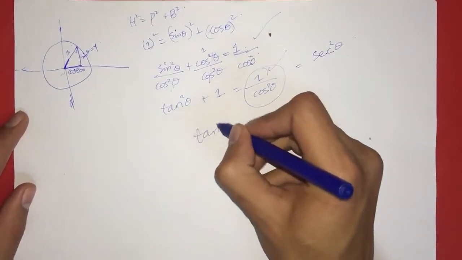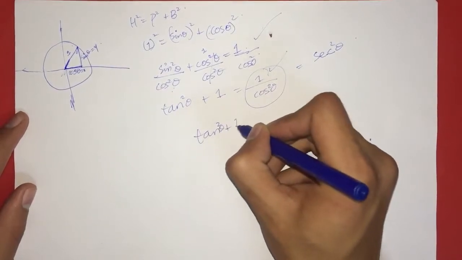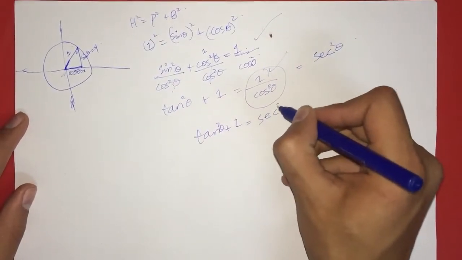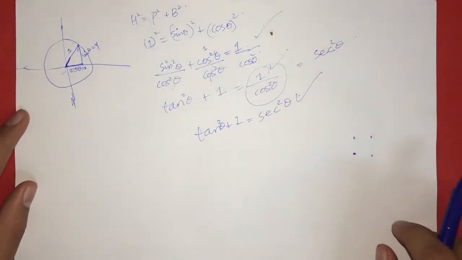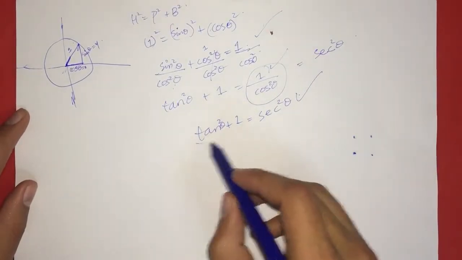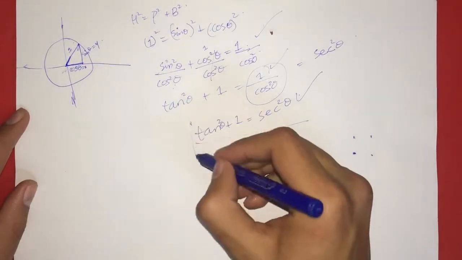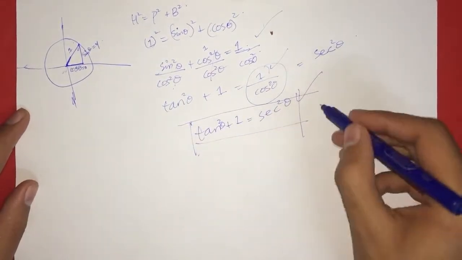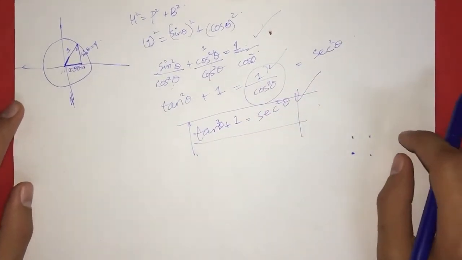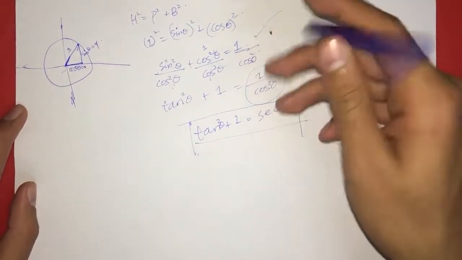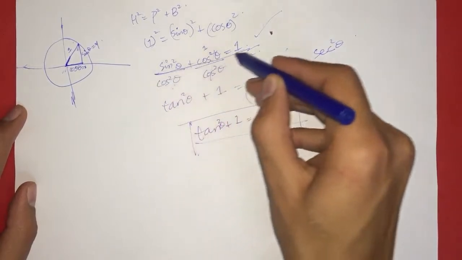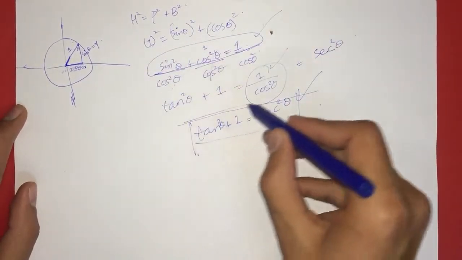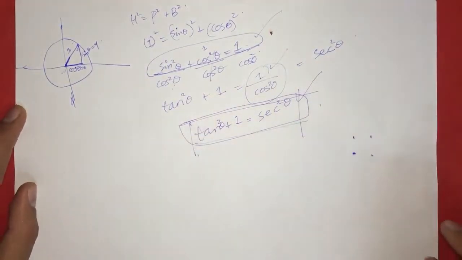So tan squared theta plus 1 equals secant squared theta. This is the second identity we just derived. There are many other identities you can derive through either this one right here or this one right here.